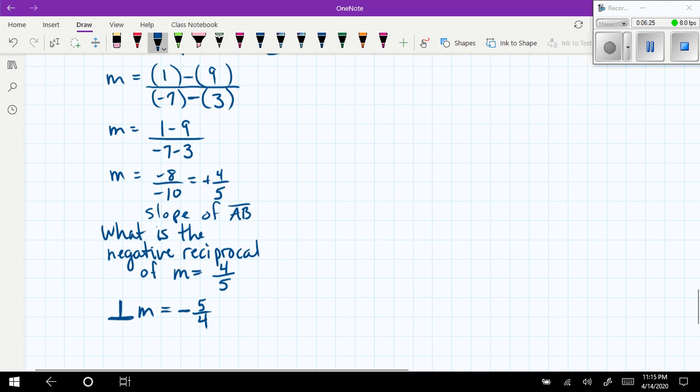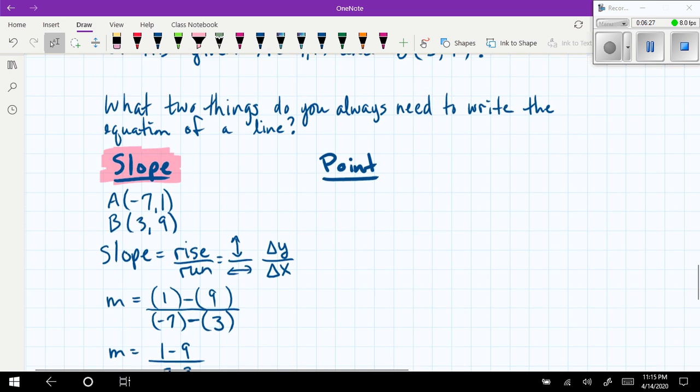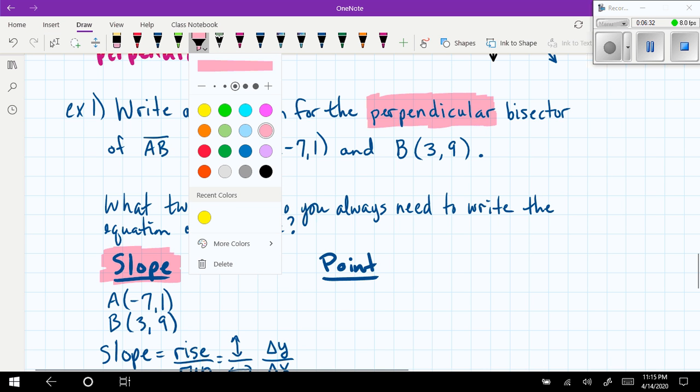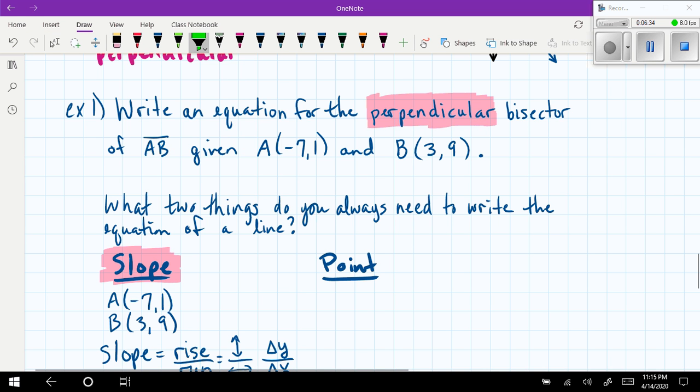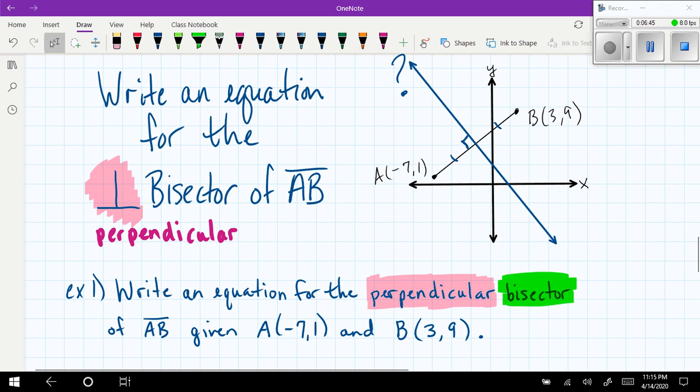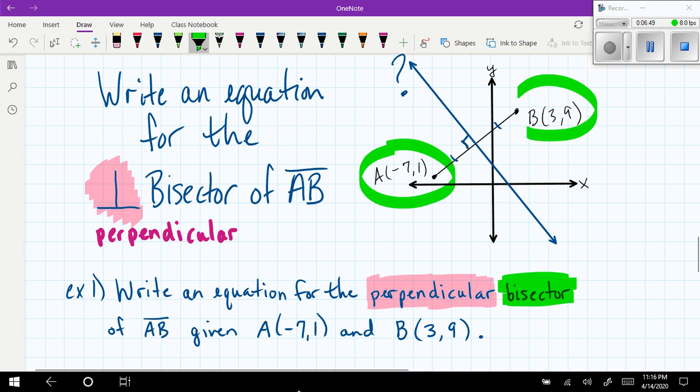Okay, so let's go back up here where we talked about point. I'm going to switch my highlighter here for a second. The point I'm going to play with deals with this word bisector right here. Because if I look back at my picture, the -7, 1, which is point A, and point B, which is 3, 9, neither of those two points actually fall on the perpendicular bisector itself.